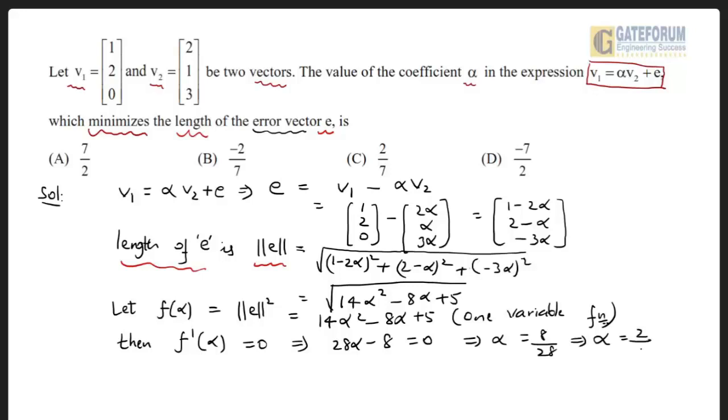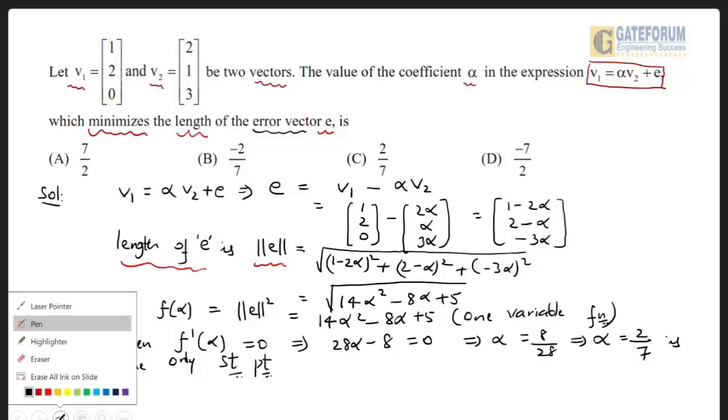So this is the only stationary point. Actually, at this stationary point, definitely f of alpha, that is the square of the length of the vector, is going to be minimum because we got only one stationary point.